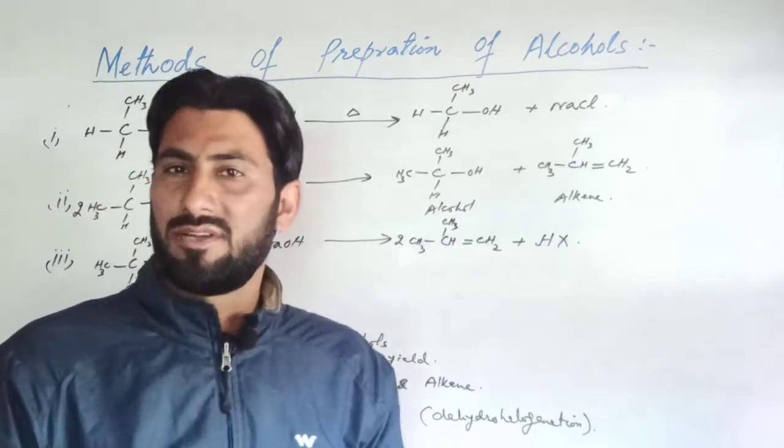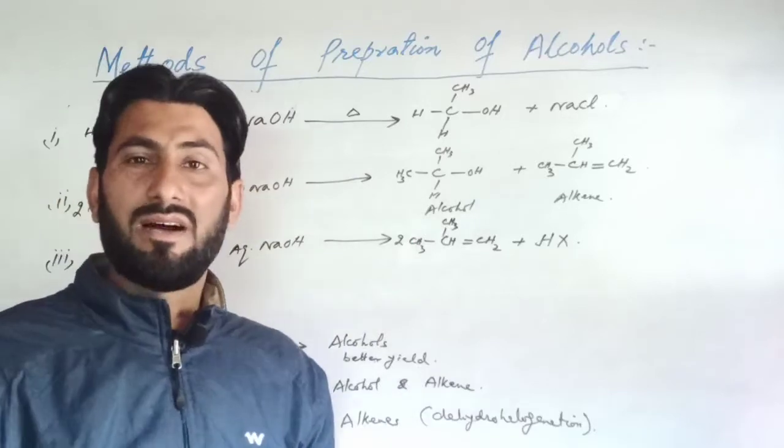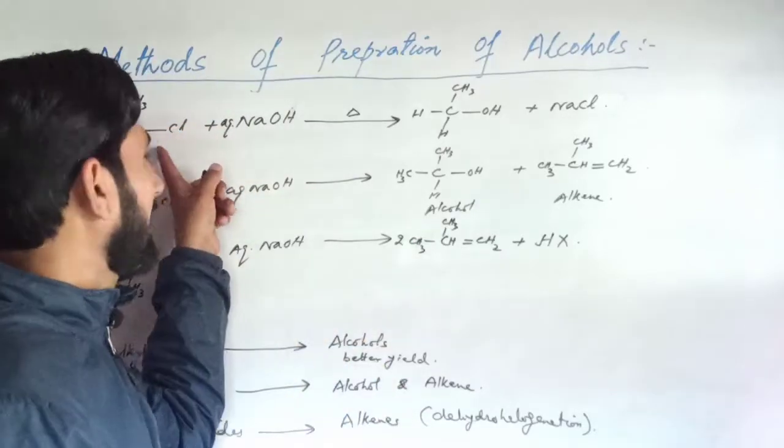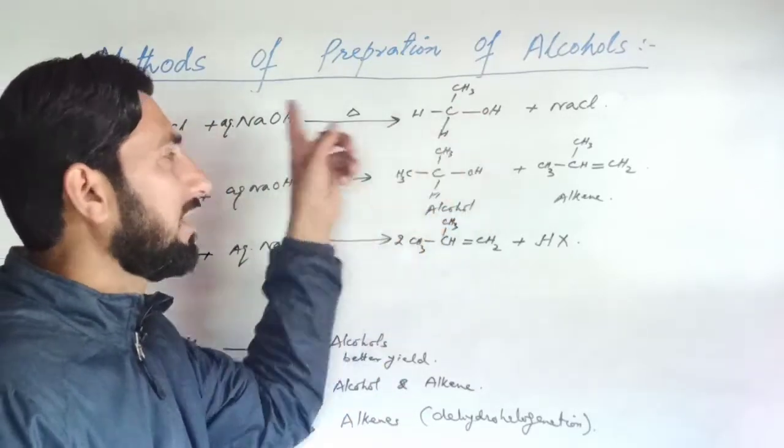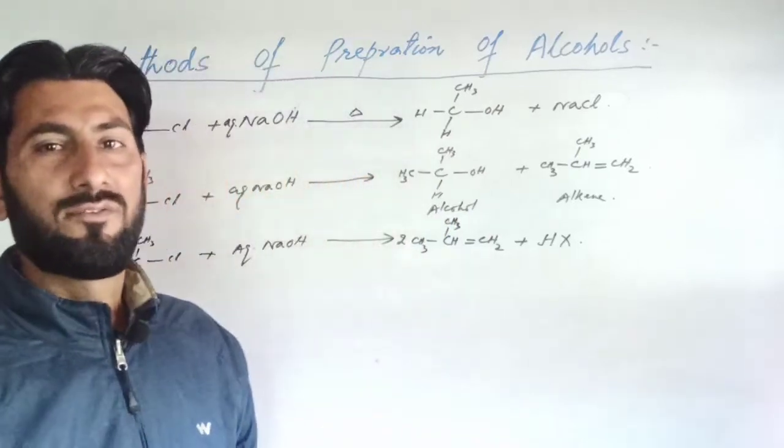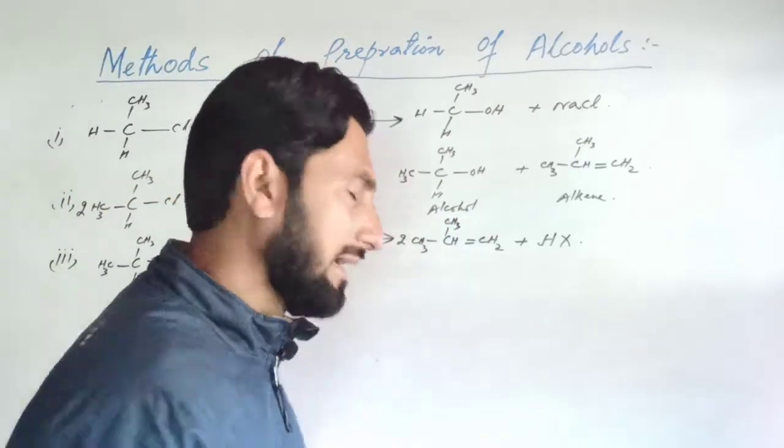However, this method is not very useful for the preparation of alcohols because alkyl halides are themselves prepared from the alcohols. This method is useful for the preparation of aromatic alcohol.